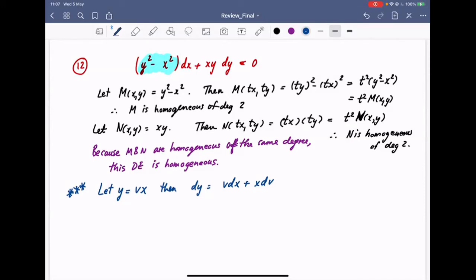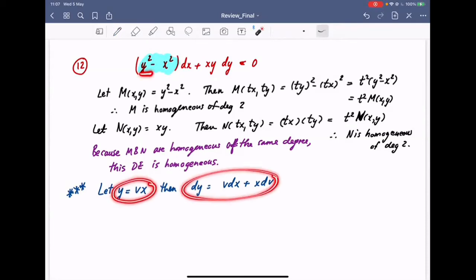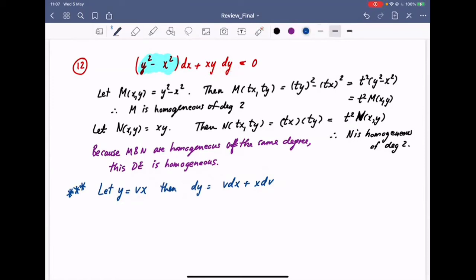So we plug those into the original equation: (vx squared minus x squared) dx plus x times vx times dy, where dy is v dx plus x dv, equals 0.